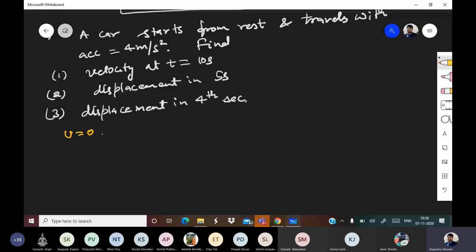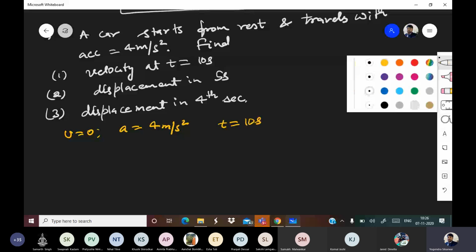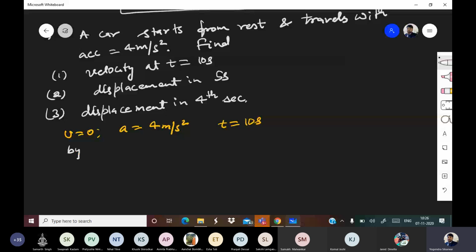u is equal to 0, a is equal to 4 meters per second square. Now in the first case, t is equal to 10 seconds and we need to find velocity. By v is equal to u plus at, v will be 0 plus 4 into 10, and that comes out to be 40 meters per second.